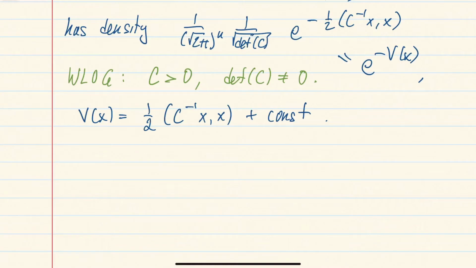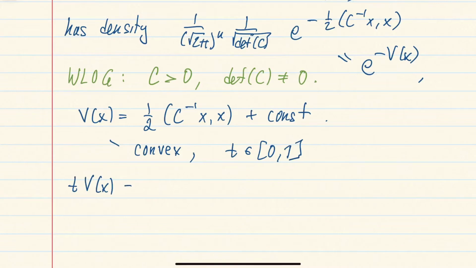What this means is that this function V of x is obviously convex, and in particular, if you take some parameter t between 0 and 1, and then you compare the convex combination of V of x and V of y, this should be greater or equal than V at the convex combination of x and y.